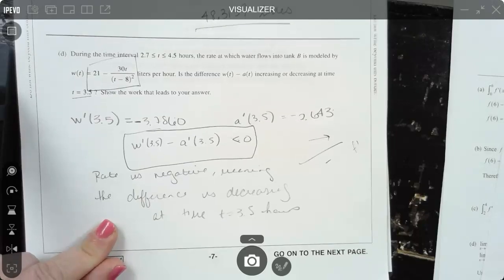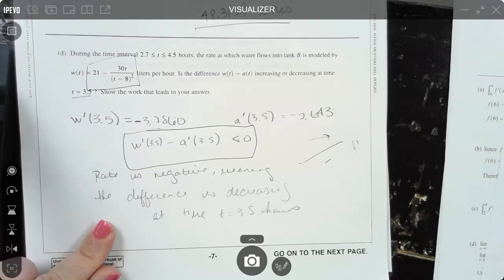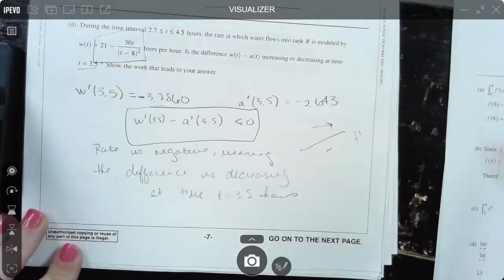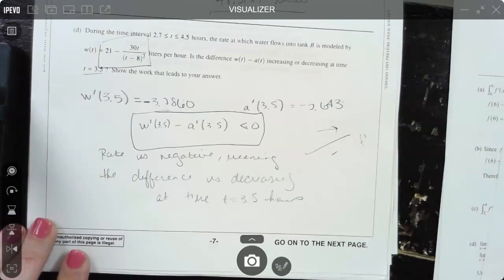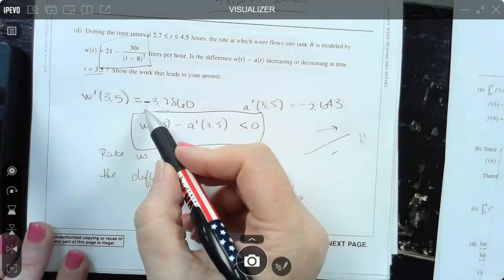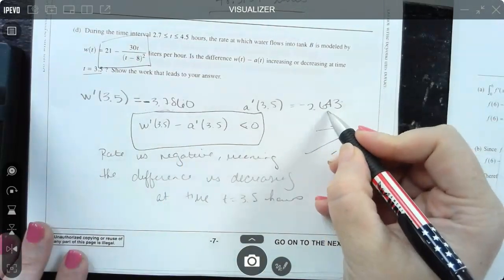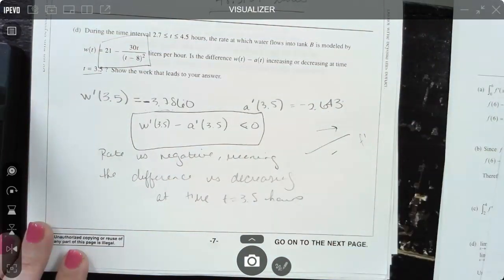Their explanation was the difference W(t) minus A(t) is decreasing at t equals 3.5, which sometimes they want more, and so I don't know that that's enough explanation in my opinion. But, well, if you subtract them, negative 3.7860 minus negative 2, you still get negative.